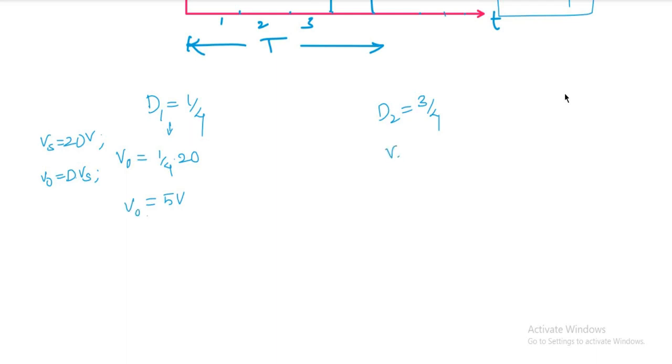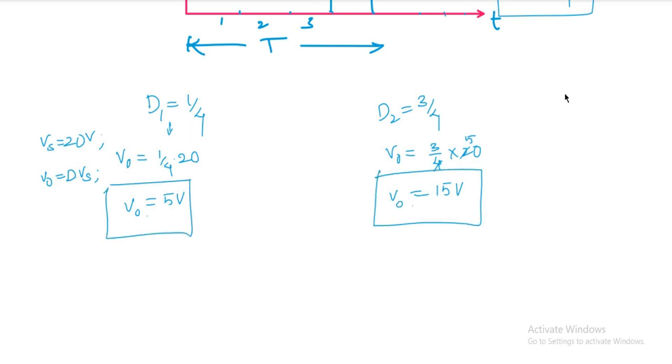For the duty ratio 3 by 4 into 20, 4 5s are 20, 3 5s are 15, so the output voltage is 15 volts. So for D equal to 1 by 4 the output voltage is 5 volts, and for D equal to 3 by 4 it is 15 volts. This is how we can change the output voltage of a converter by changing the duty ratio of the switch. I hope you understand this.